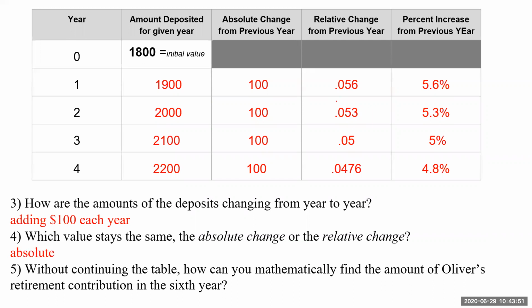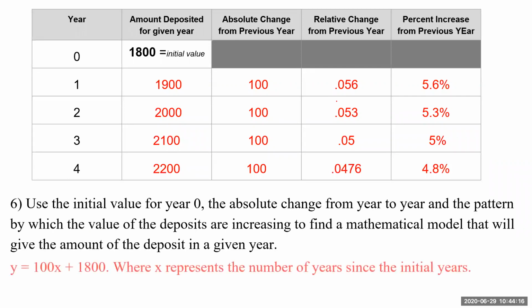And now, without continuing the table, how can you mathematically find the amount of Oliver's retirement contribution in the 6th year? Okay, does this give you some idea? So you realize that you have to take 100 times 6 plus 1800. And does this look familiar?